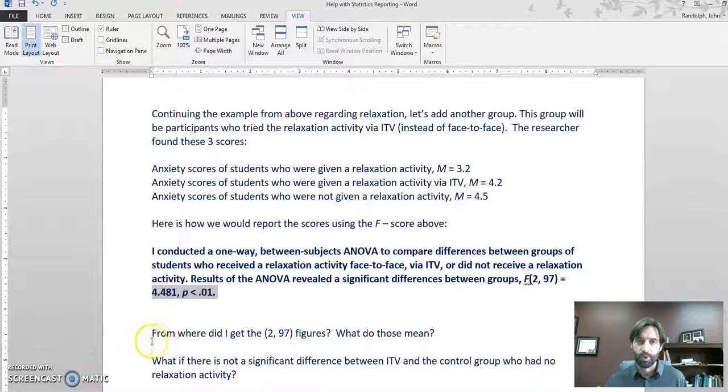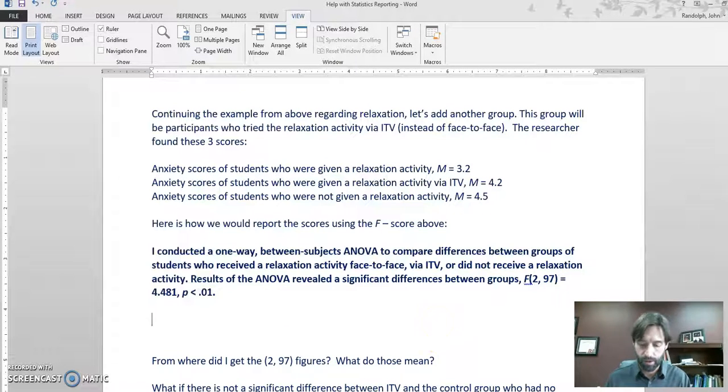Okay, first question. Where did I get the 2 and the 97? Those of you that paid attention for the t-test, you're like, those are the degrees of freedom. And the degrees of freedom in this case come from this right here. The first one comes from k minus 1, where k equals the number of groups.